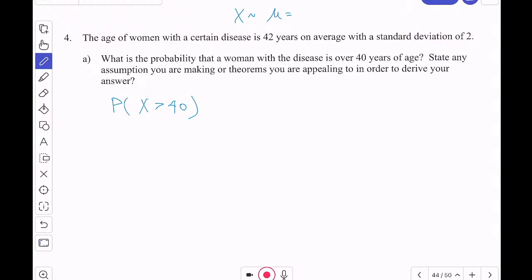All I'm told is the mean is 42 and the standard deviation is 2, but I'm not told about the shape. So if you don't know the shape, what are you going to do about this?